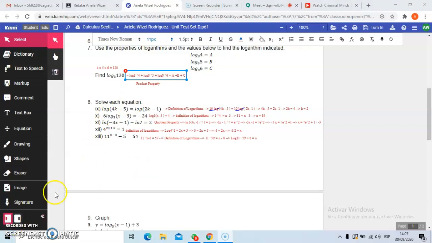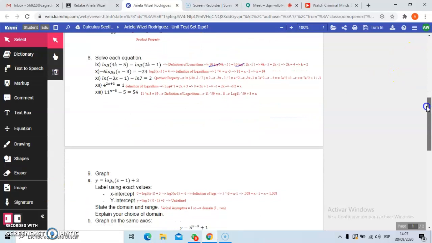For number 8, I use the definition of logarithms again. Since there is no visible base on either one of the logs, we know that it's 10. So I put the 10 before both of the logarithmic functions and they cancel out.